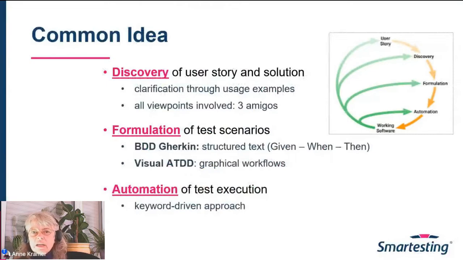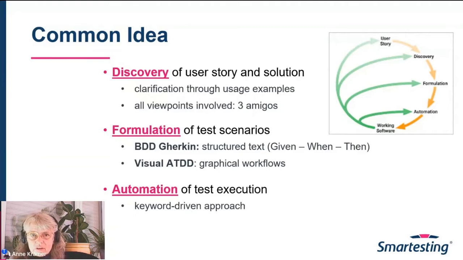For example, the discovery of the user story and the solution is similar. We start with the user story and the epics, and then we start specifying or clarifying what is really meant by the user story through usage examples. Just as in BDD, we have test scenarios that illustrate how we want to challenge the system, and for the developer, or the developers, this also shows what is expected from them.